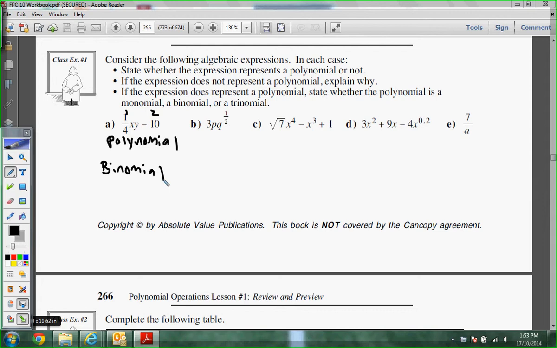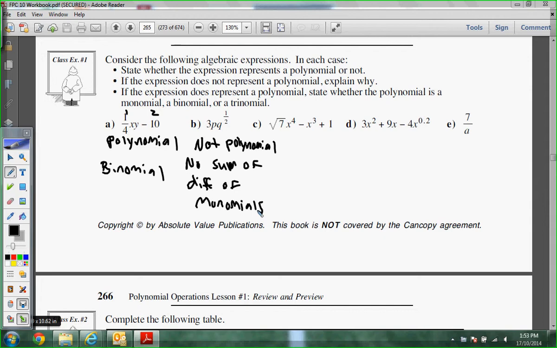Yeah, there's no addition or subtraction. So this whole chunk is just a single monomial, so it's not a polynomial, because there's no sum or difference of monomials. Does that make sense? Sort of.